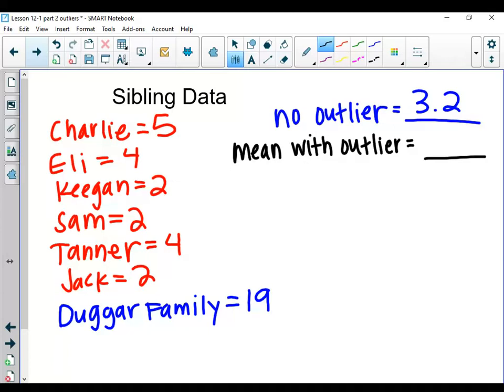There's going to be more than 3 kids at each house if we have to spread out 19 of them.